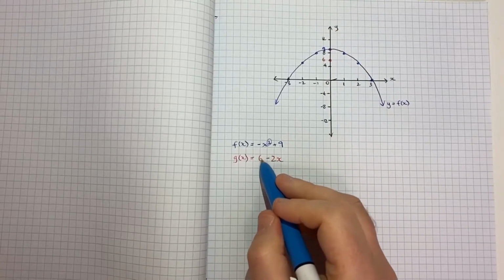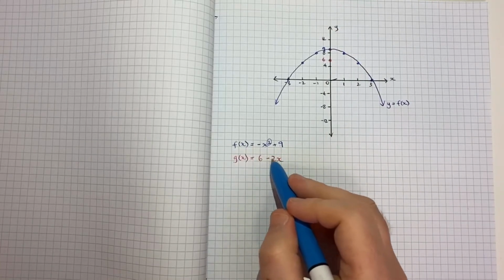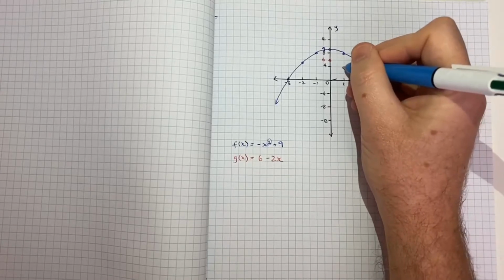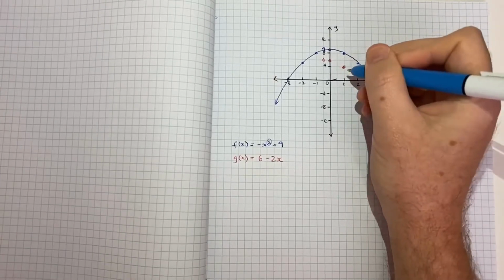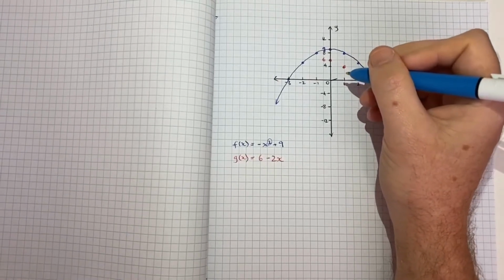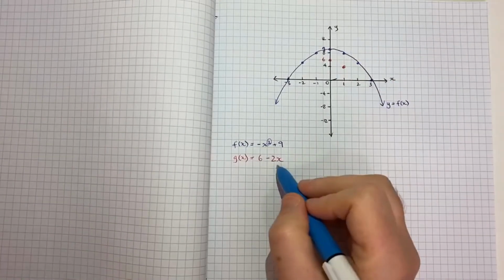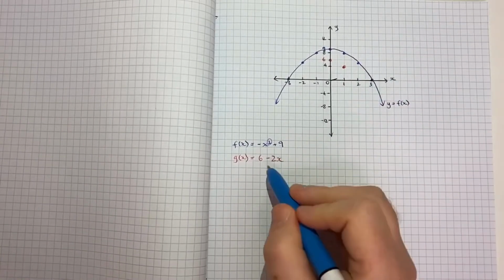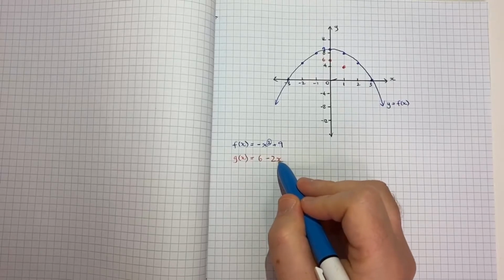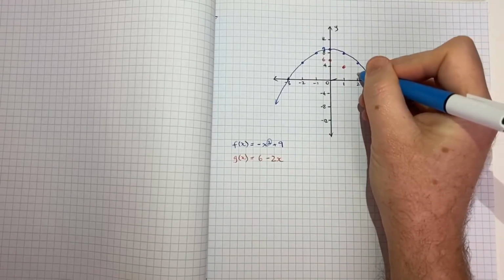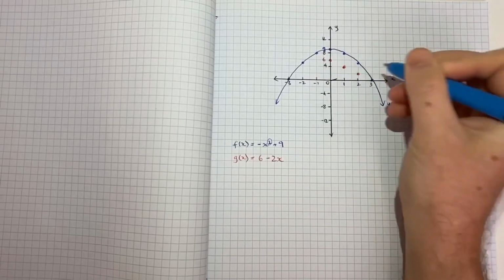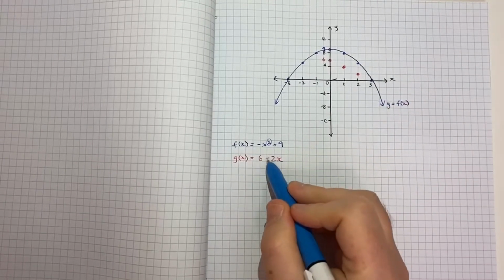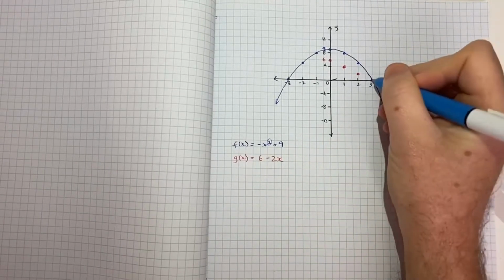When x is 1, 6 minus 2 times 1 is 6 minus 2 or 4. When x is 2, we get 6 minus 2 times 2, or 6 minus 4 is 2. When x is 3, 6 minus 2 times 3 is 6 minus 6, or 0.